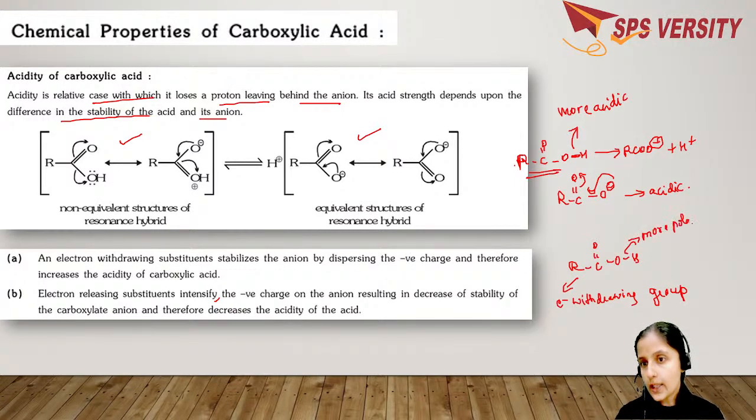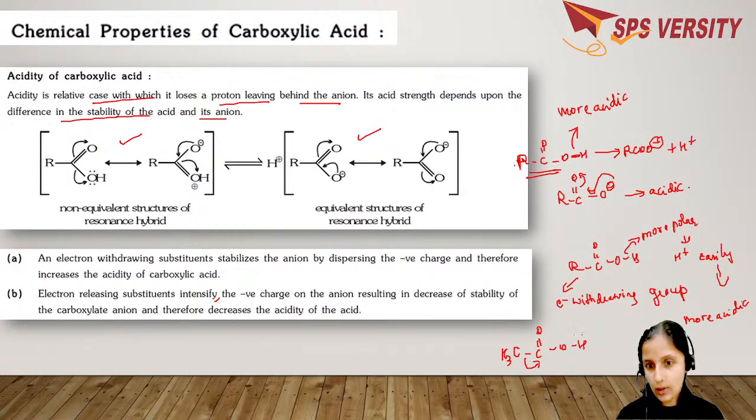When it is more polar, it can be easily broken. That means it will give H plus easily, and this becomes more acidic. Instead, if you have any electron releasing group, like a methyl group attached to this, alkyl groups are electron donating groups, because of which the OH bond becomes less polar. So H plus cannot be easily given, so this is less acidic.